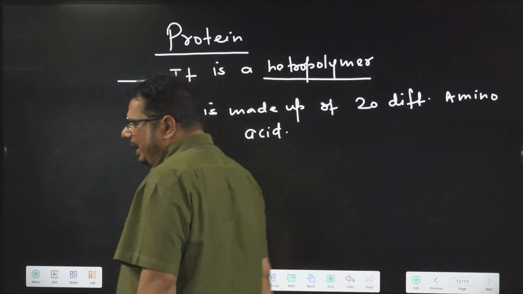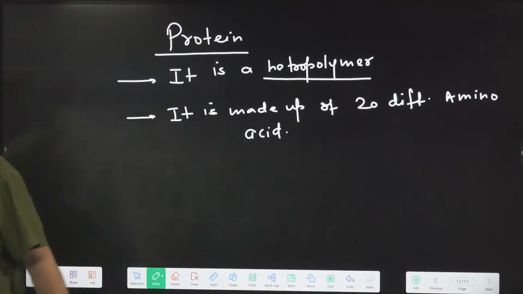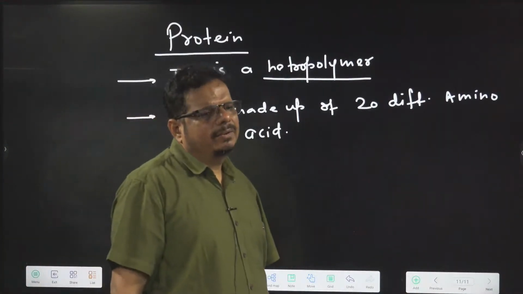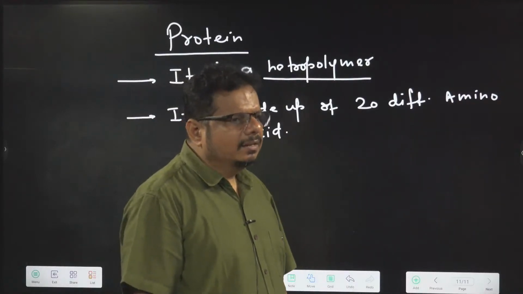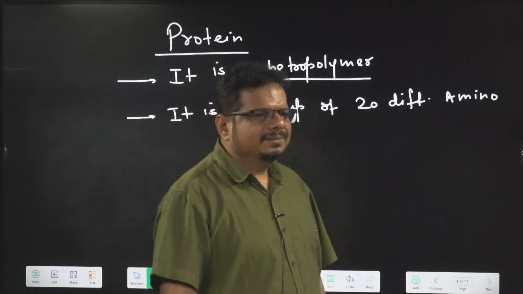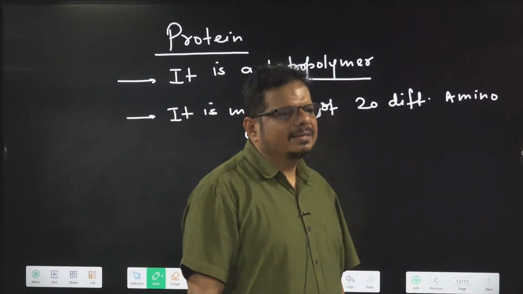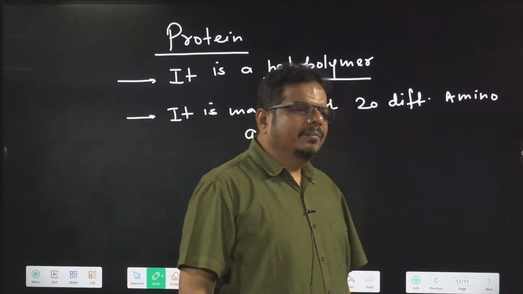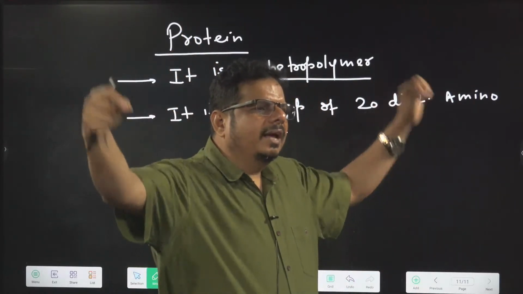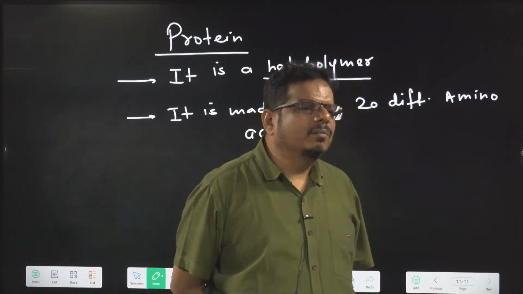So in a protein, how many different amino acids are participating? 20 different amino acids are participating. So the monomeric unit is 20 types of amino acid. And that is the reason we are saying heteropolymer. If it is only one type of amino acid, many amino acids join and form a protein, we call it homopolymer.